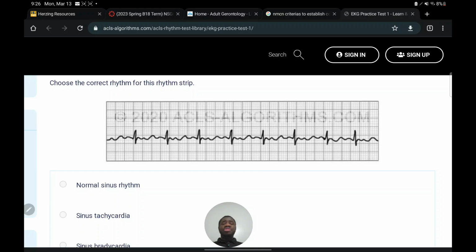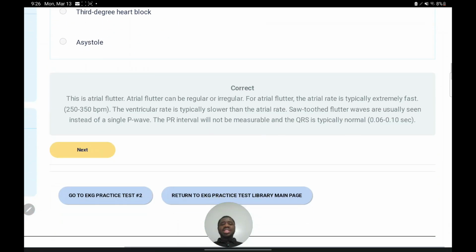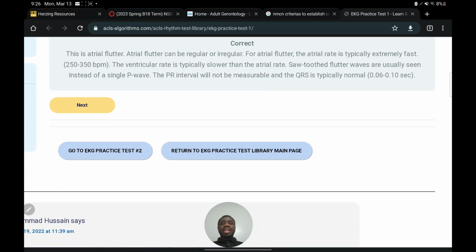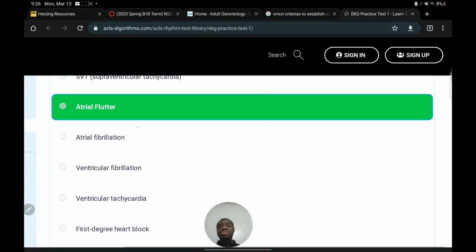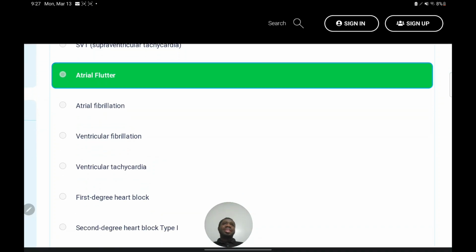The number of P waves is more than the QRS complexes, and this shows that the heart is beating so fast. So this is more or less like a twin brother of atrial fibrillation. Atrial fibrillation and atrial flutter are treated in the same way because they are closely related.